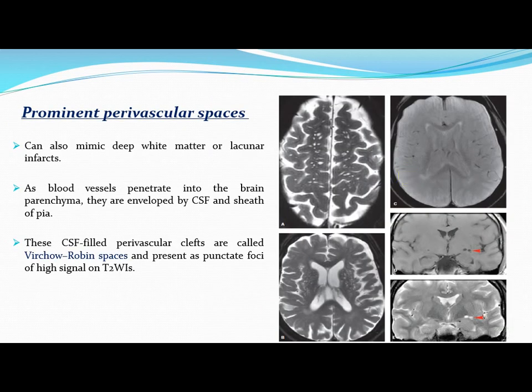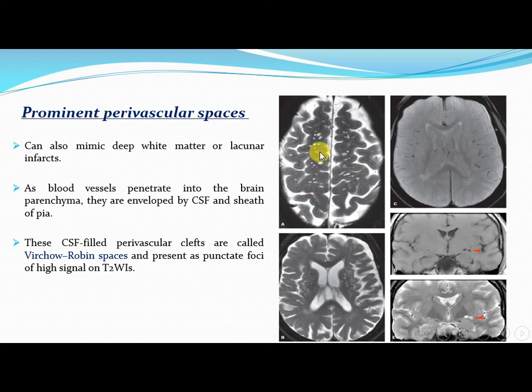Prominent perivascular spaces can also mimic deep white matter or lacunar infarctions. As blood vessels penetrate into the brain parenchyma, they are enveloped by CSF and a sheath of pia. These CSF-filled perivascular clefts are called Virchow-Robin spaces and present as punctate foci of high signal on T2-weighted images.